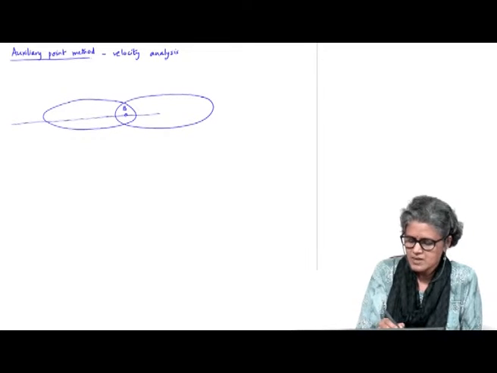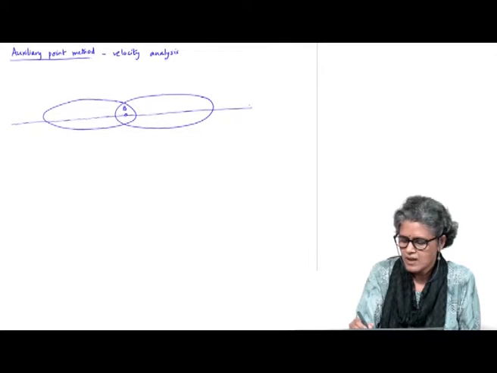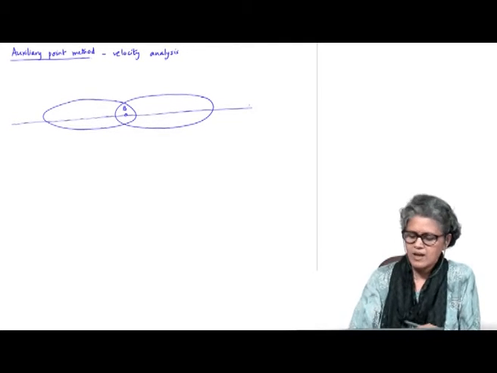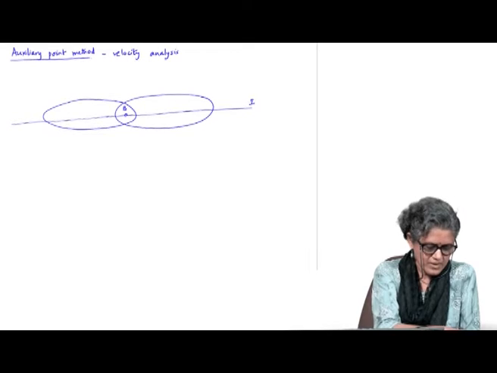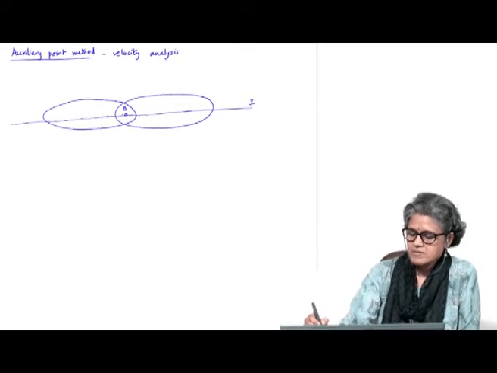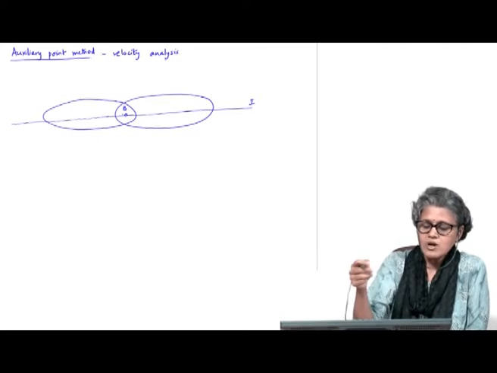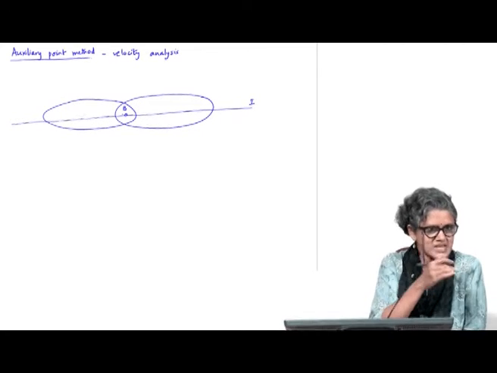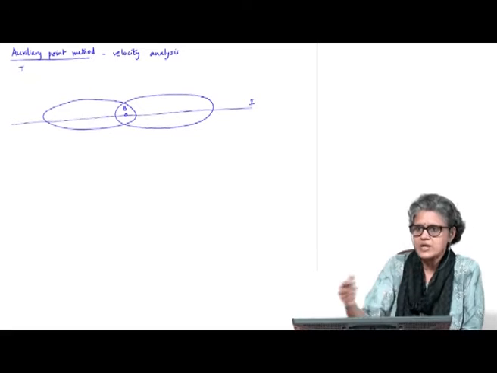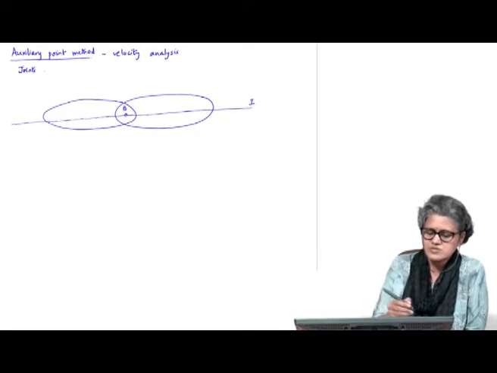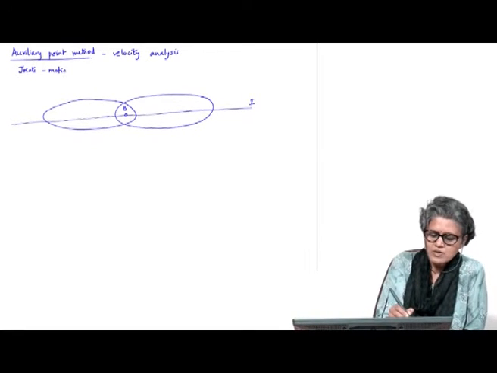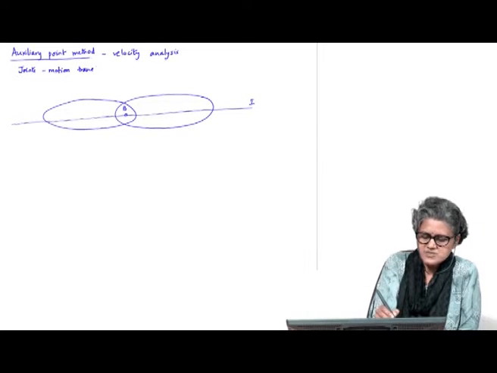So say I have a line passing through that. These joints are called the motion transfer points, because that's where motion is transferred from one link to another. So the joints are called the motion transfer points.